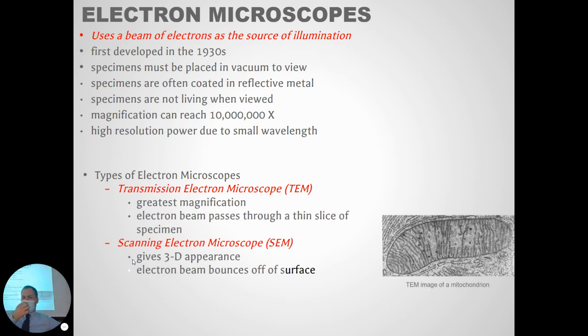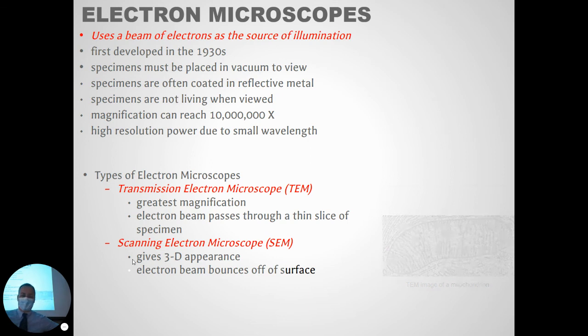A transmission electron microscope works like this microscope, except it's using electrons rather than visible light. It gives really high magnification. You can see very, very small things. But again, the specimen needs to be thin enough to allow electrons to pass through.